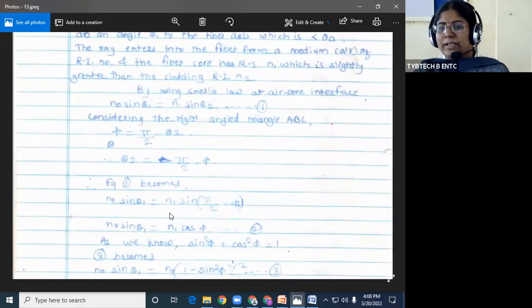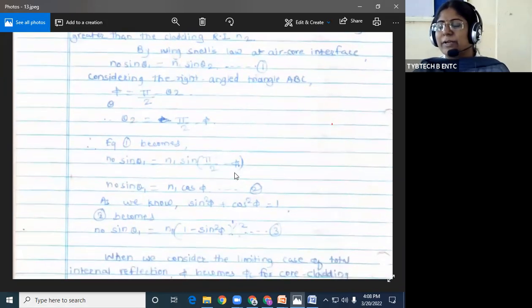n0 sin θ1 is equal to n1 sin θ2, but then θ2 is equal to pi by 2 minus phi. Then sin of pi by 2 minus phi that we have written as cos of phi, and cos of phi again how we have written: sin square phi plus cos square phi is equal to 1.